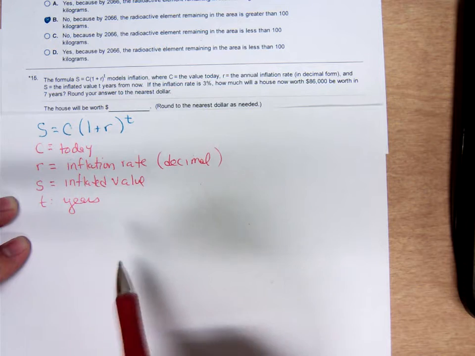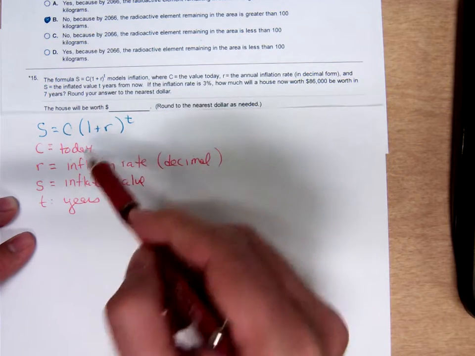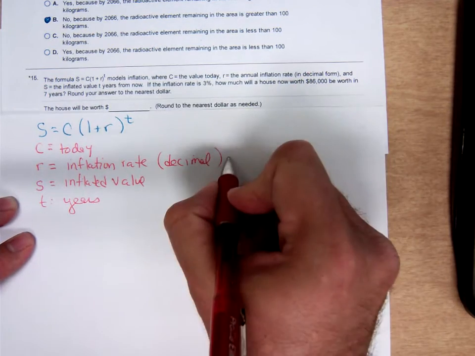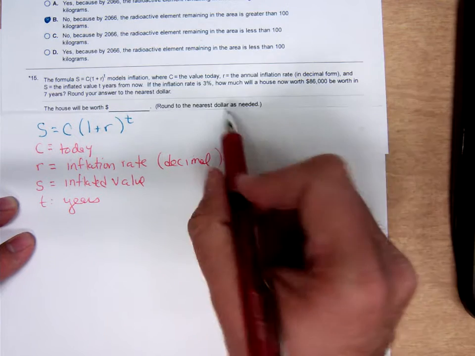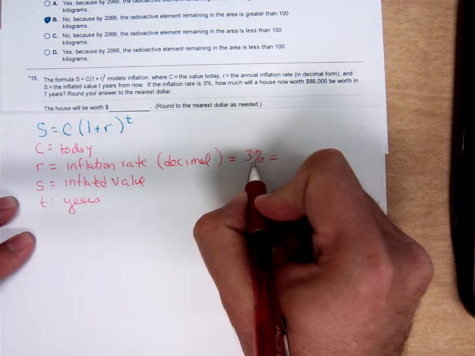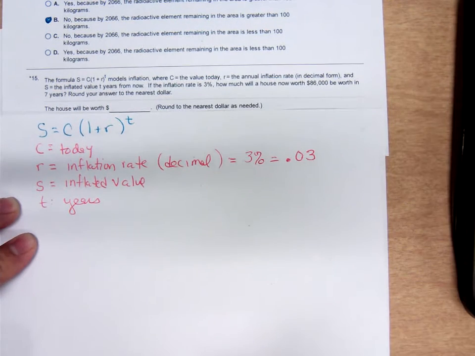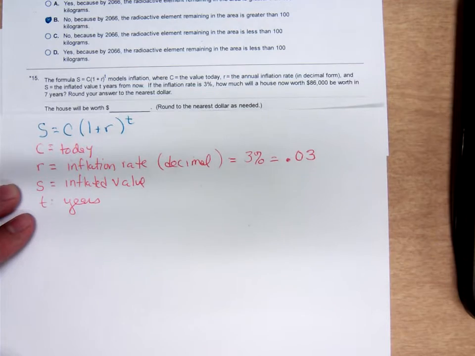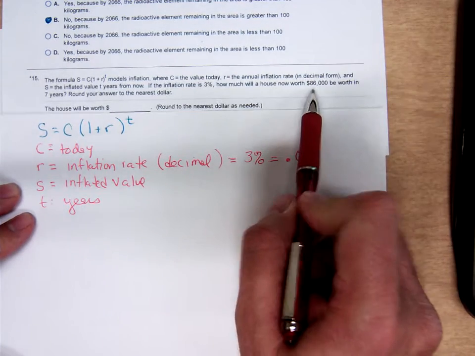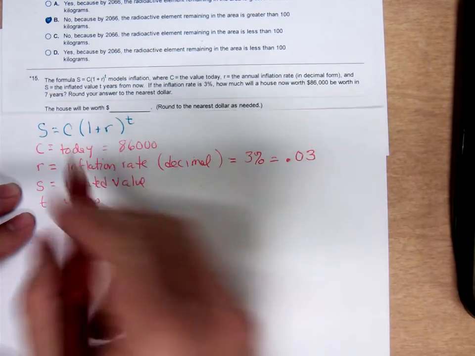So let's see. If the inflation rate is 3%, well, that's R, but you're not going to write 3%. How do we write a percent as a decimal? 3%, you move the decimal point 2 places to the left, you're going to use 0.03 as the inflation rate. So if the inflation rate is 3%, how much will a house now worth $86,000 be worth in 7 years?